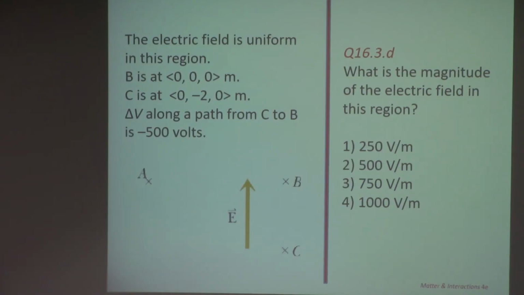Before, we said we know the electric field and the path, what's the potential difference? Now we know the path and the potential difference, what's the electric field? So it's just a backwards problem from what we just did. And now it's asking for a magnitude, because we already know the direction.